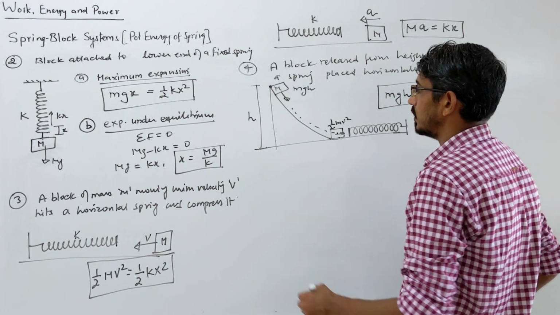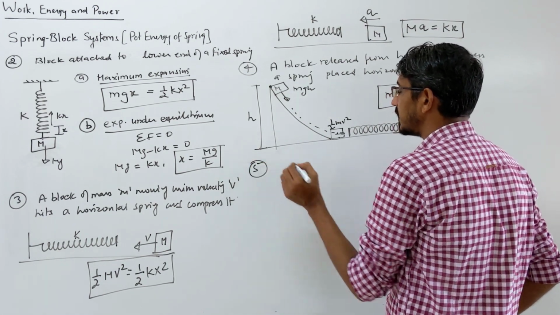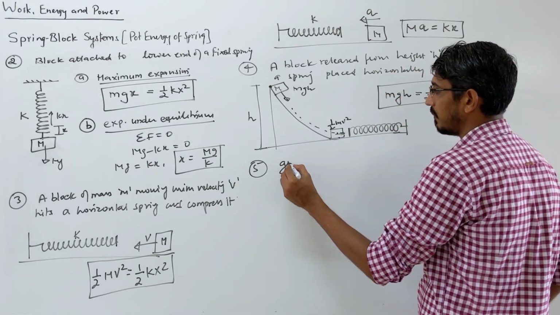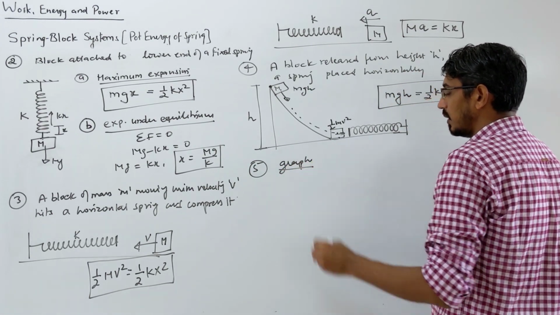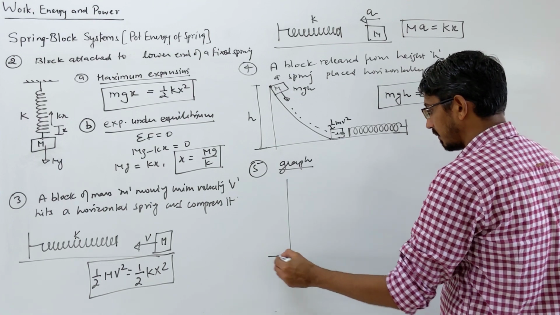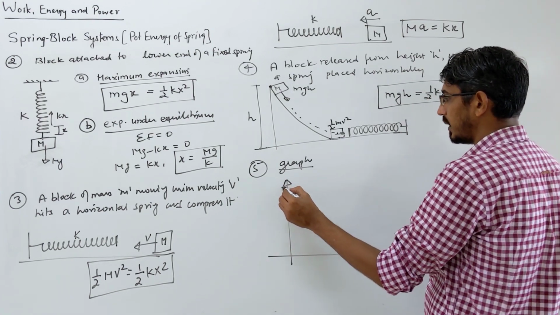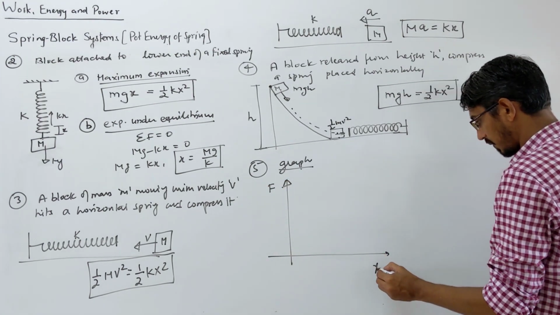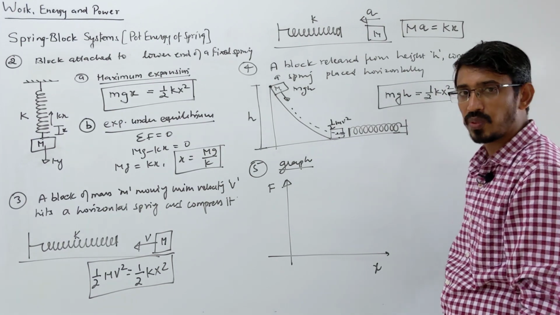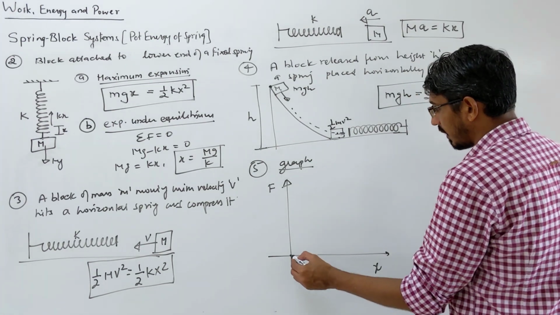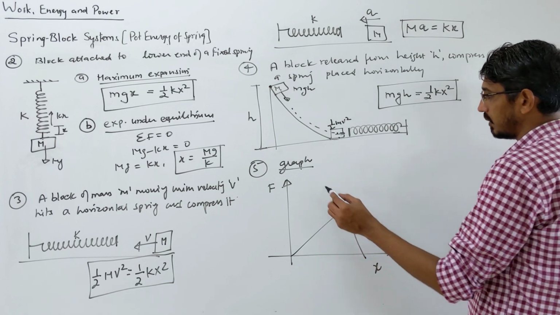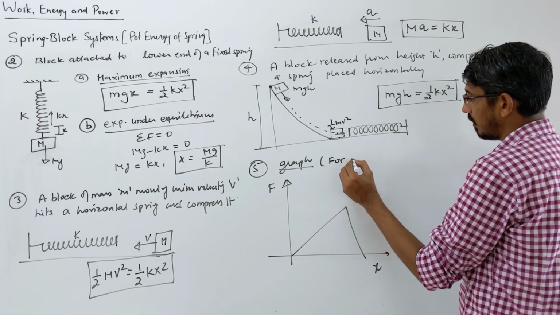Next, this question can be asked in terms of a graph also. Graphical questions they can ask. Suppose you draw a graph between force and displacement. Already you learned that this gives work done. So you draw this graph for a spring.